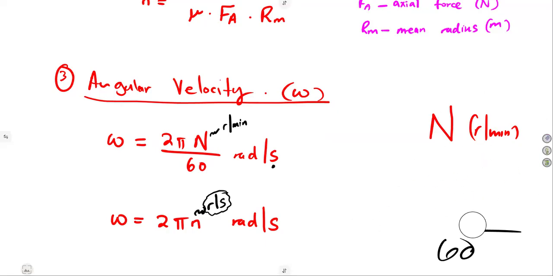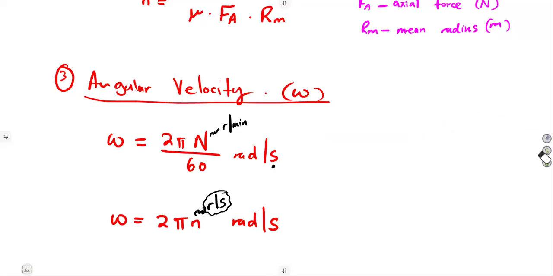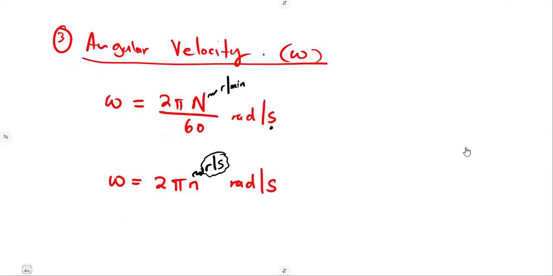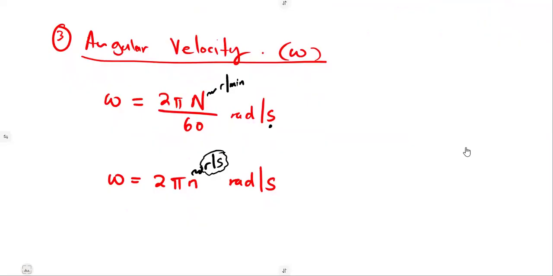All right. So anyways, guys, let us see where this omega, our angular velocity, is used. Angular velocity is just like speed. As we have been talking about, when we refer to linear motion, v is equal to u plus at.